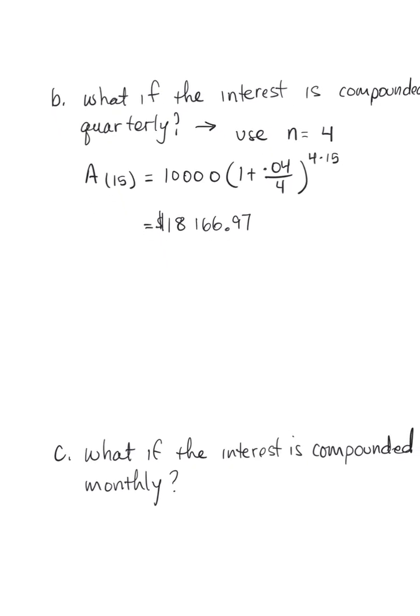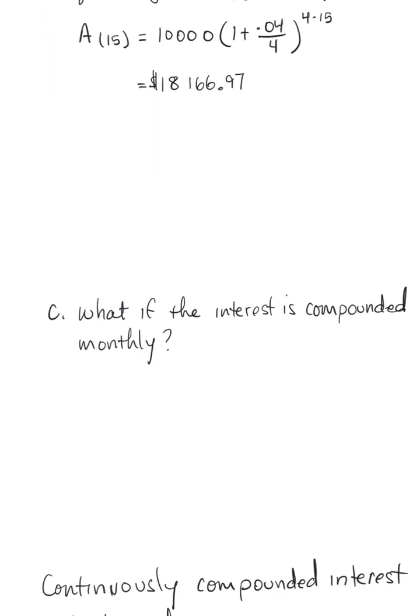Let's see the effect if the interest is compounded monthly. For this one, if it's monthly, then the number of compounding times in a year is going to be 12, for 12 months in a year. So now the amount after 15 years is $10,000. We still have the same interest rate of 4%.